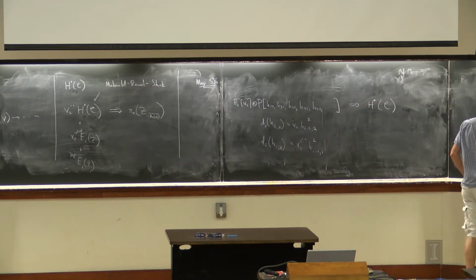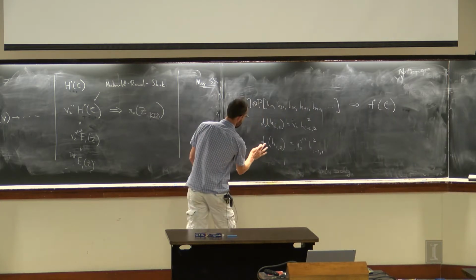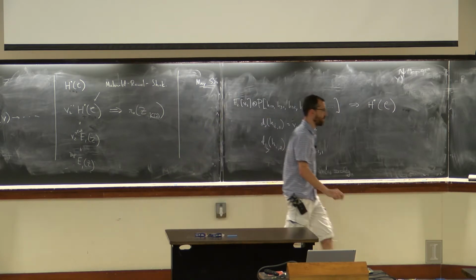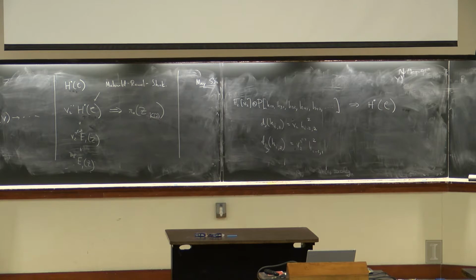So let me say that with V2 inverted, you can easily compute the cohomology. So sorry, this is a d2, and this is a d long, where the length depends on that value over there.